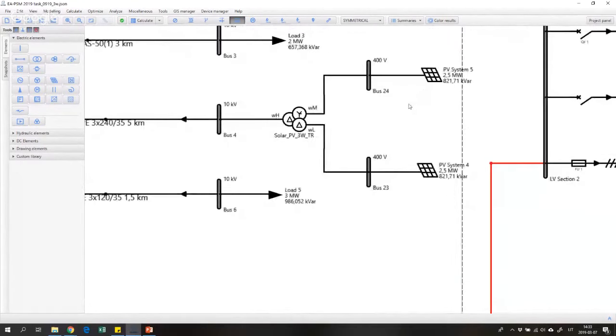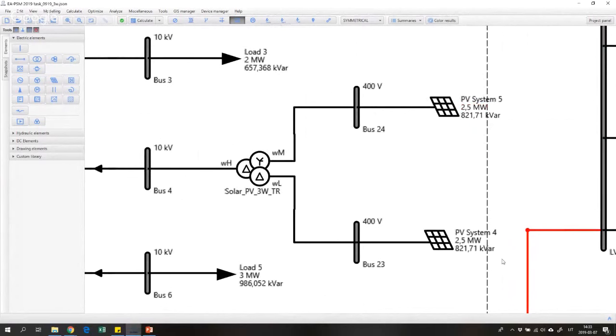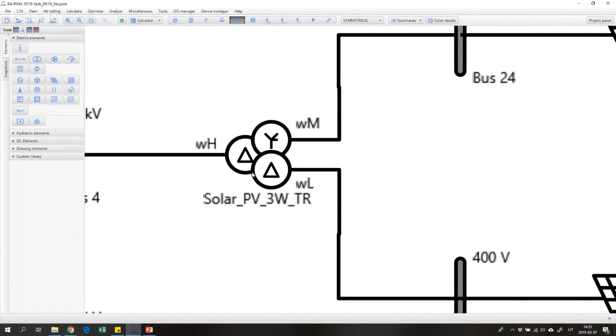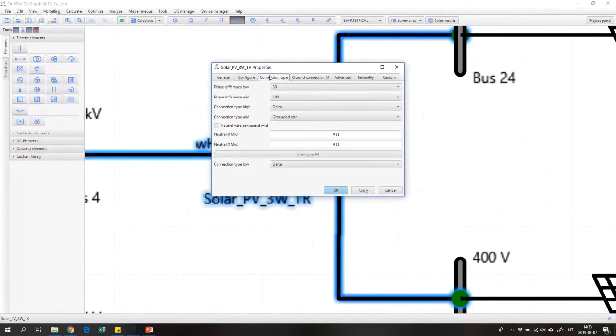So we can look at it here. We have the same power: 2.5 megawatts and 2.5 megawatts, so in total 5 megawatts as in the previous example. And we have a three winding transformer with specifically connected windings. If I open the transformer itself, I can go to the connection type.